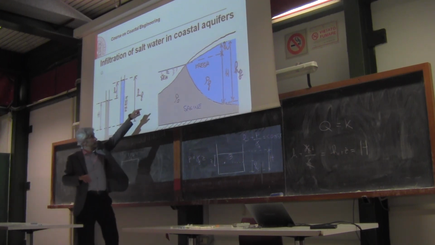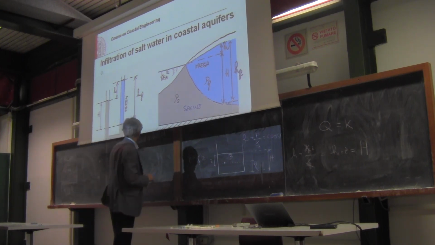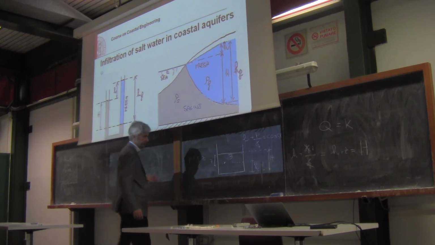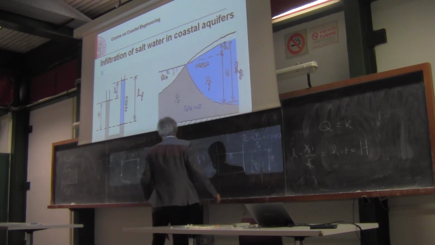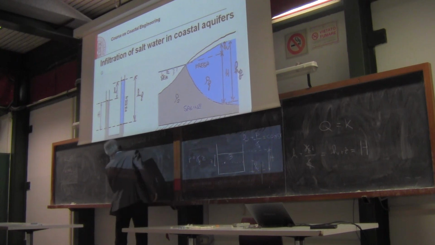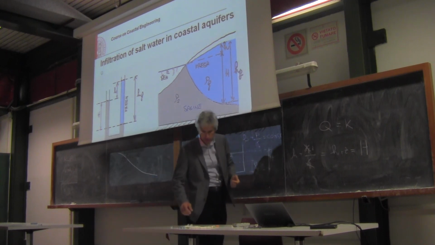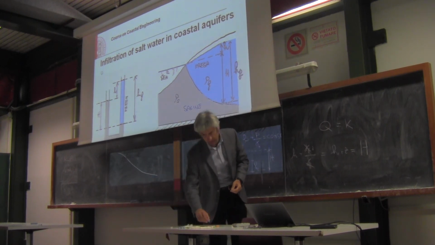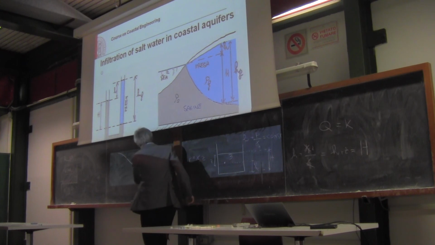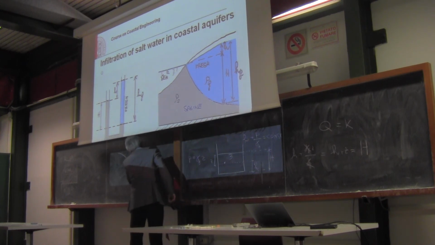Okay, so this particle that stays here, and let me redraw the figure here, the figure that I did before. And let me use for salt water this color. I hope that you can see the difference.